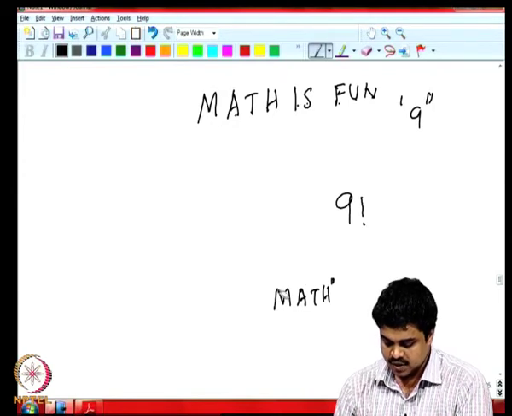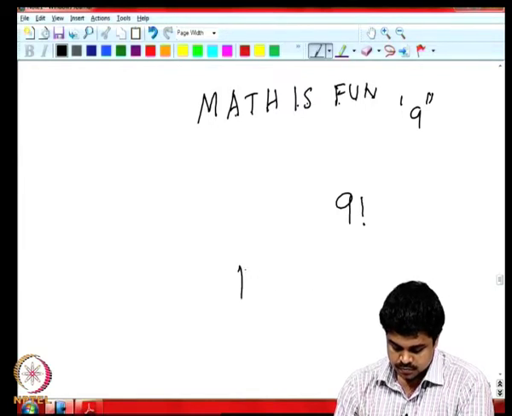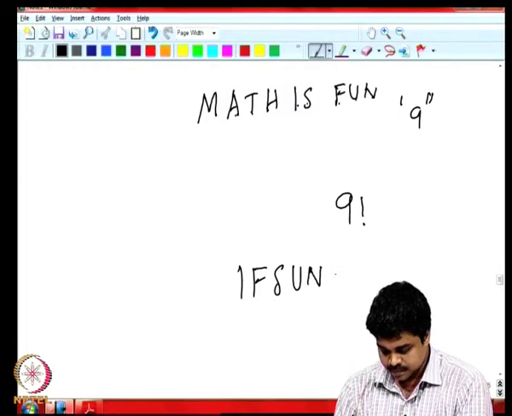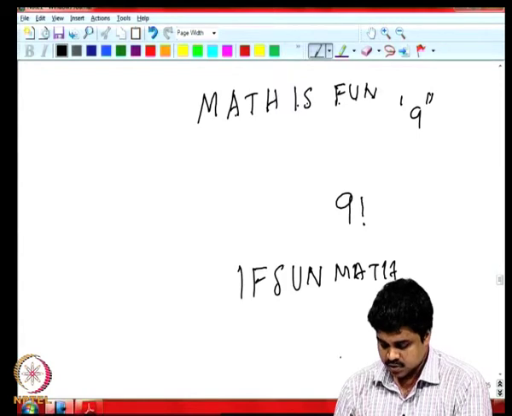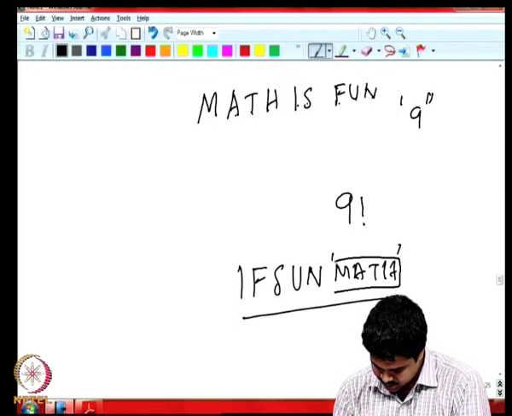For instance, you cannot make a permutation F U N math. This is a permutation of math is fun, but we are not allowed to use this, because this word math is coming together here.